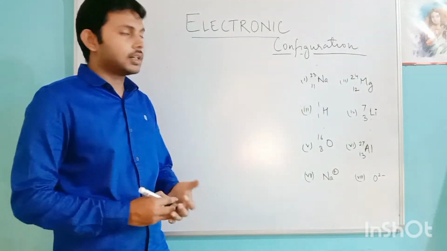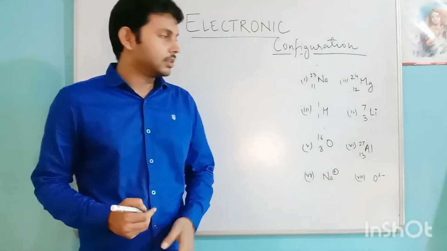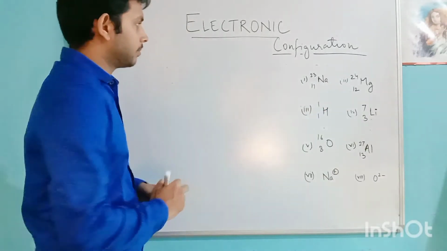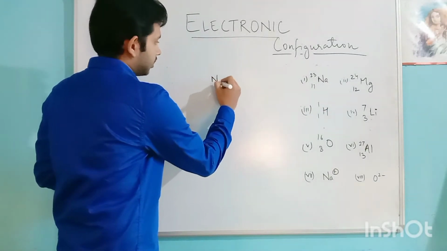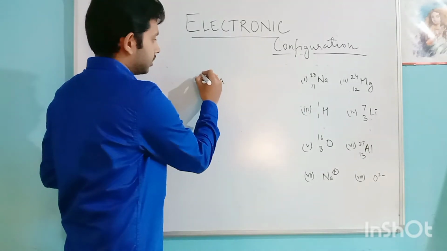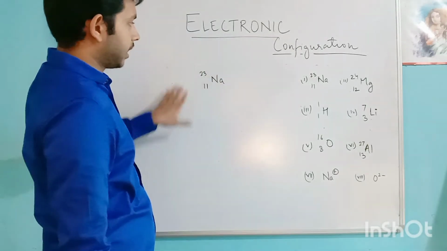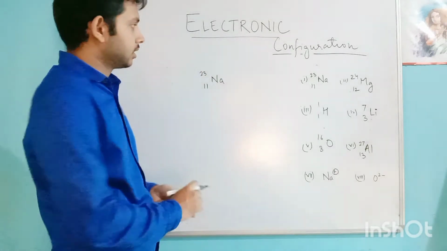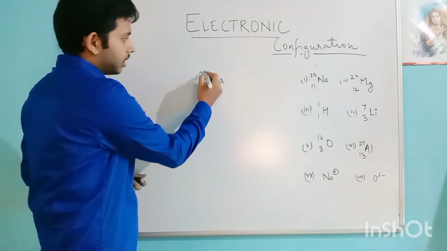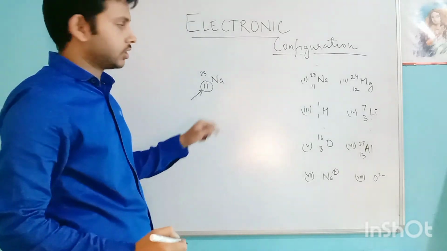Now let's write the electronic configuration of these elements. Let me quickly tell you that this is the symbol of sodium, and an element is generally represented by a symbol like this. The smaller number among these two, or sometimes they are equal, the one which is written at down.